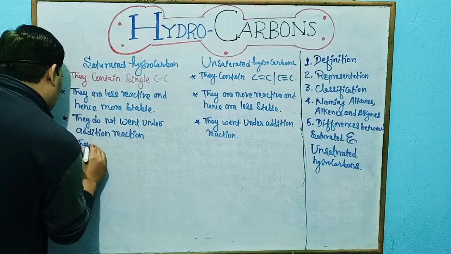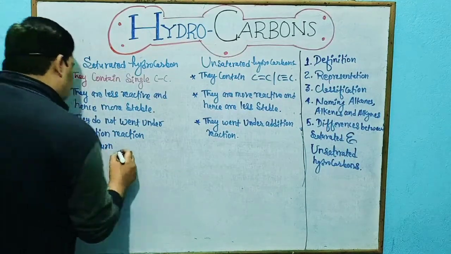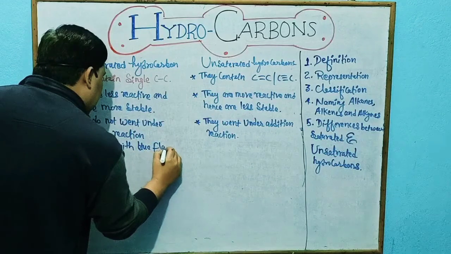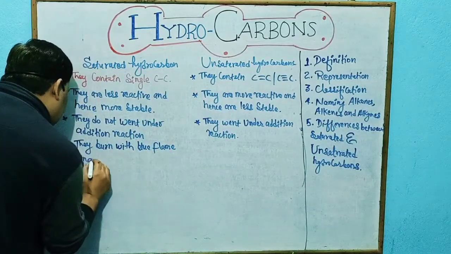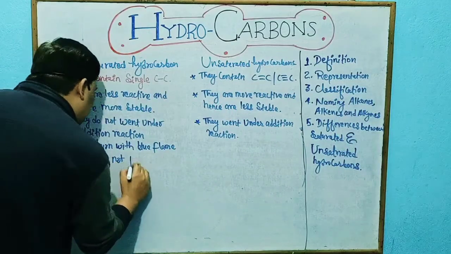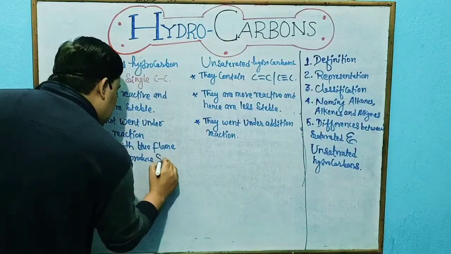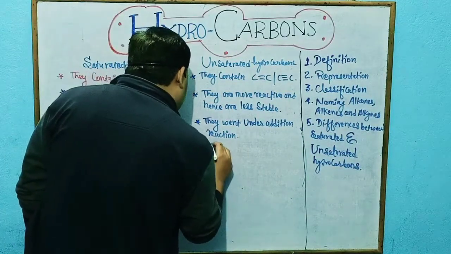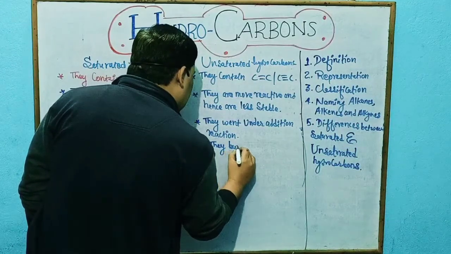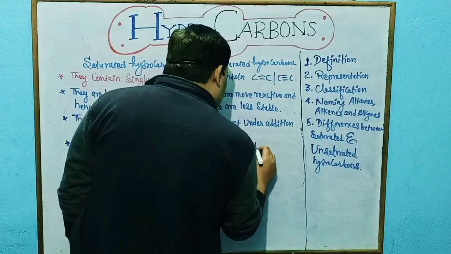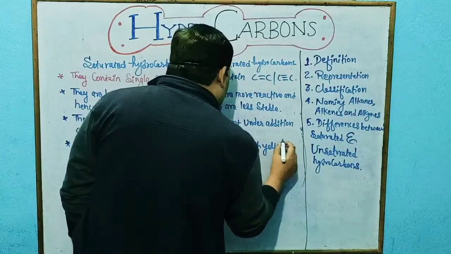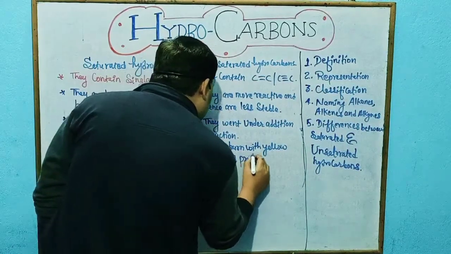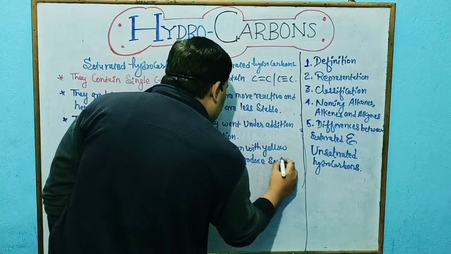Saturated hydrocarbons burn with a blue flame and do not produce soot, whereas unsaturated hydrocarbons burn with a yellow flame and produce soot.